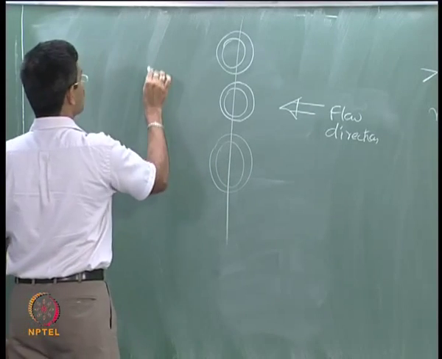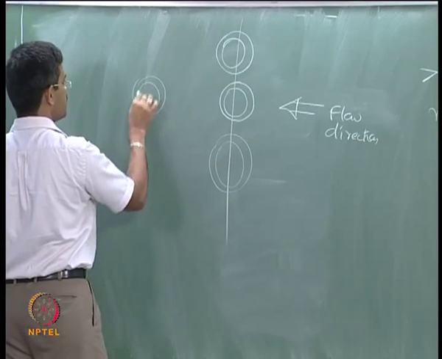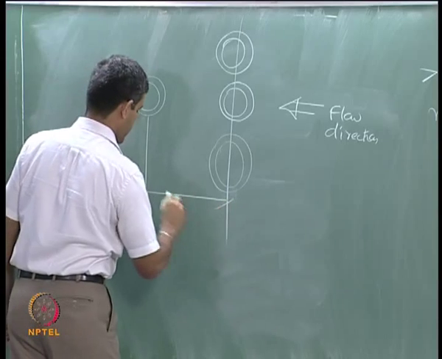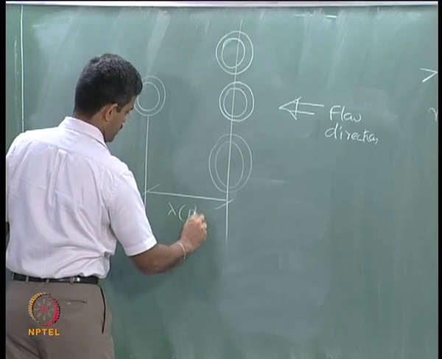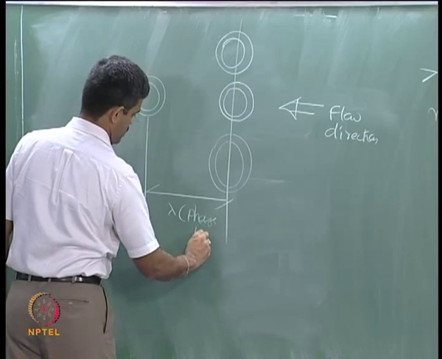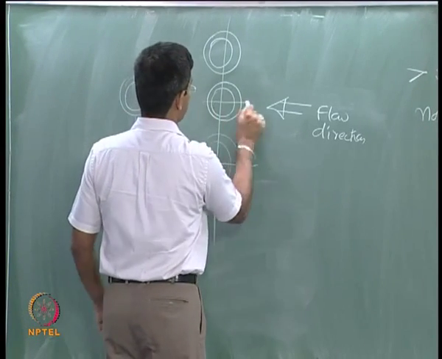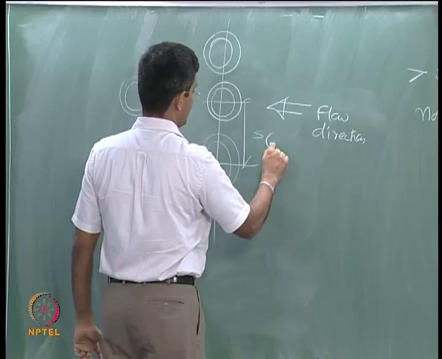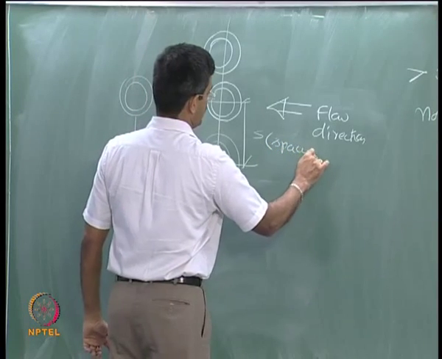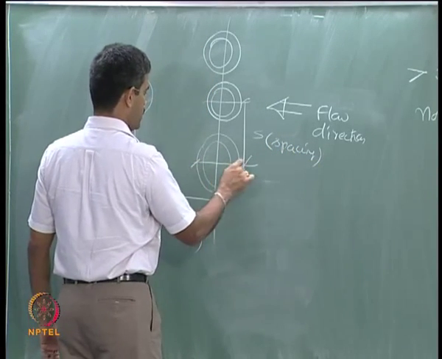I can also talk about a group of cylinders in a specific arrangement with a phase lag. And of course this is the spacing, and of course there is a diameter.